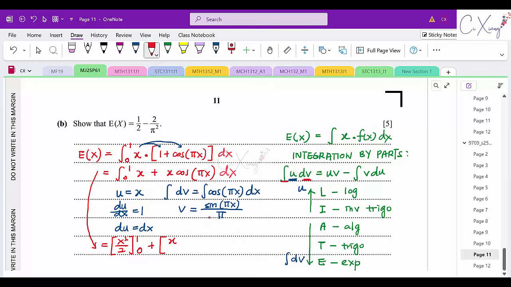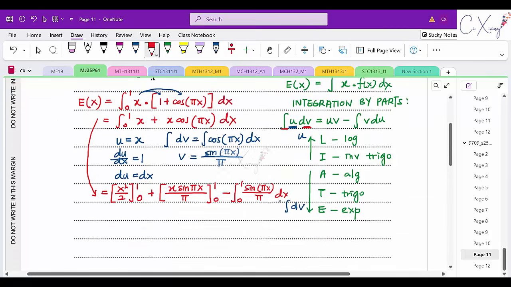So x sine pi x over pi. This is uv. So uv, you put in the limit 1 and 0 also. Minus, copy the minus. Then v du. This is your v, sine pi x over pi, with the dx with the limit 0, 1 still.